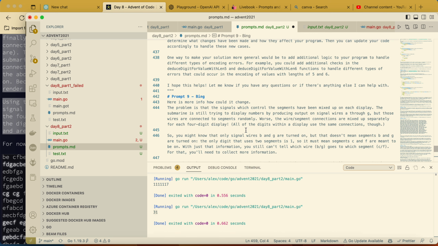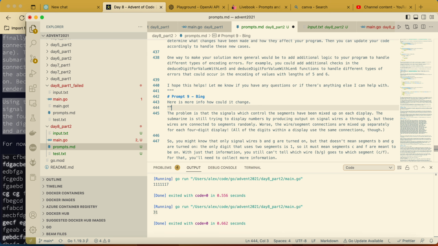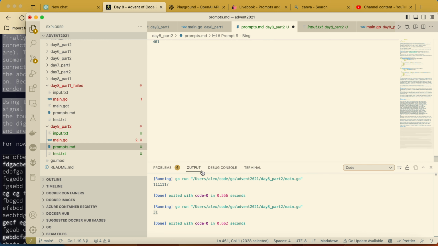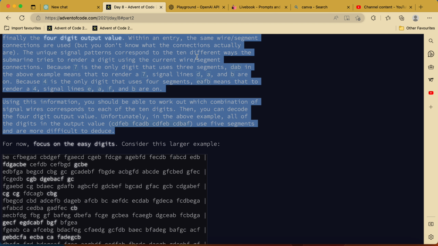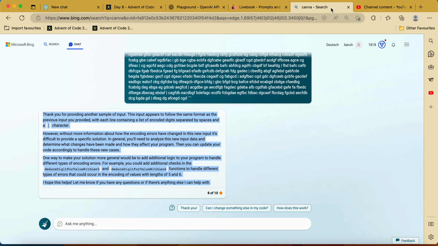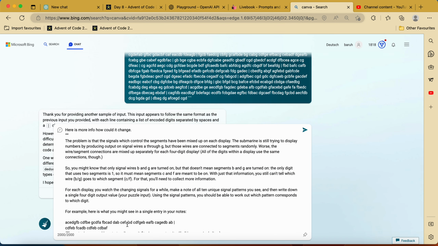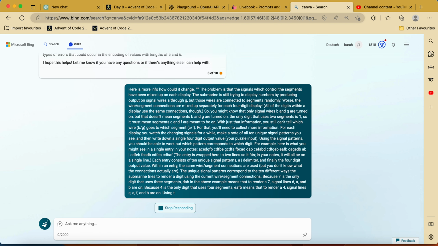And let me do that and see what Bing would be able to do, because Bing has no clue for this kind of input.